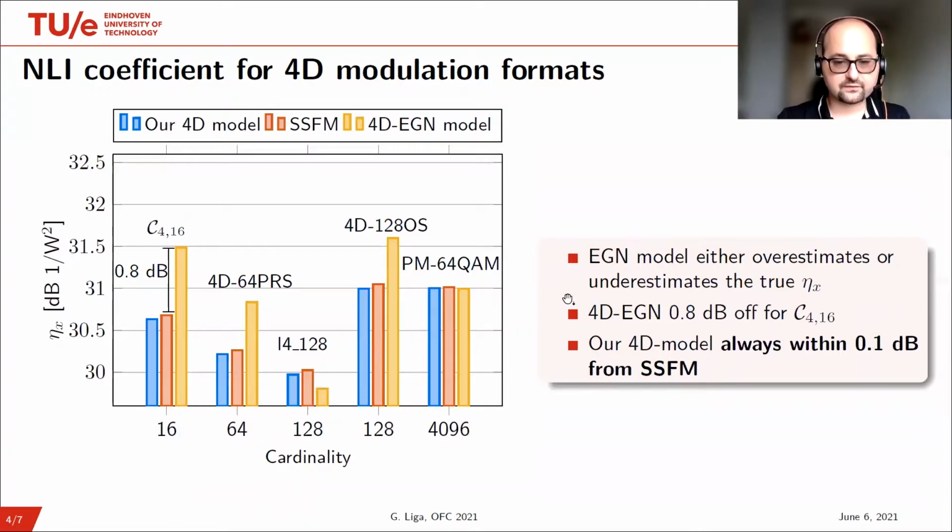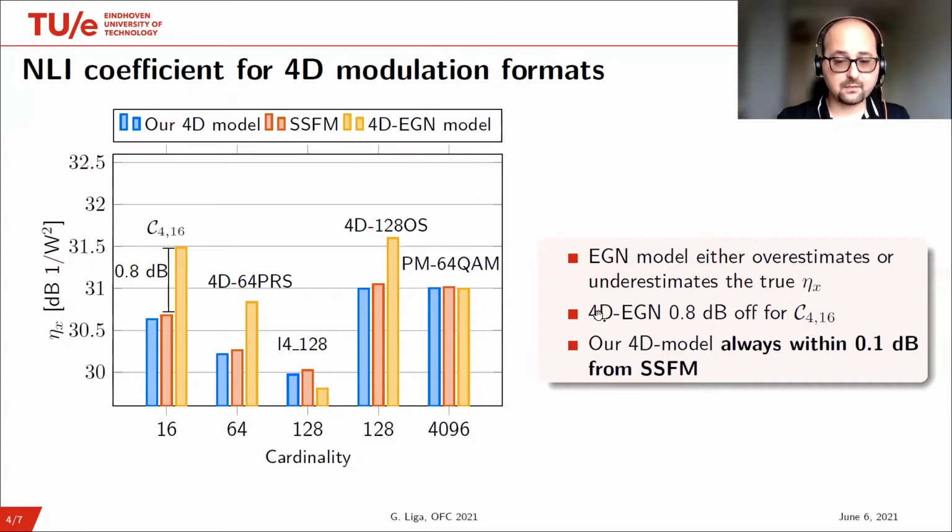As we can observe, the heuristic extension of the EGN model that we here refer to as the 4D EGN model either overestimates or underestimates the true eta x in this case, so the nonlinear coefficient over the polarization x, and this depends on the actual constellation that we are trying to predict the NLI of.